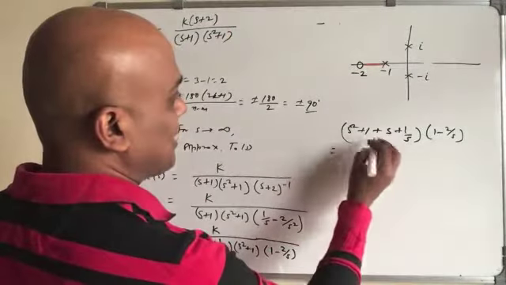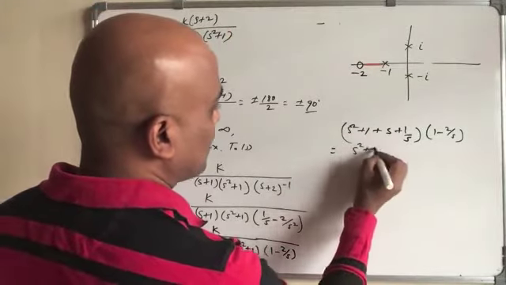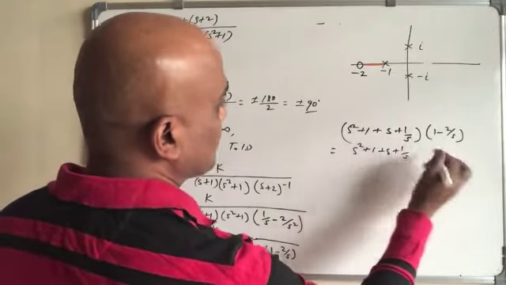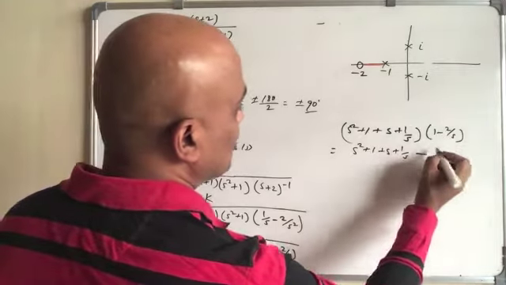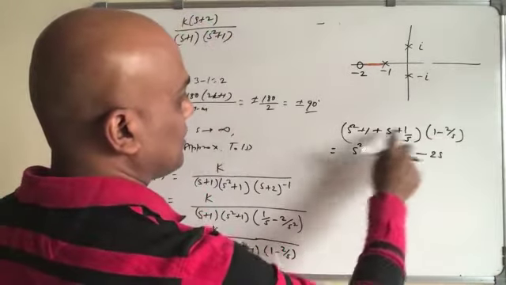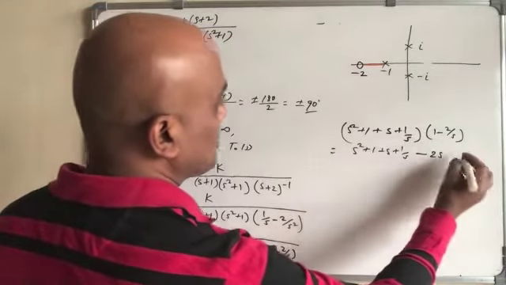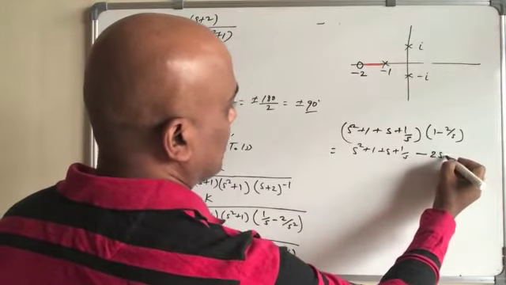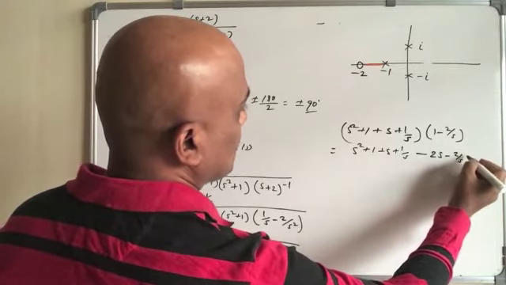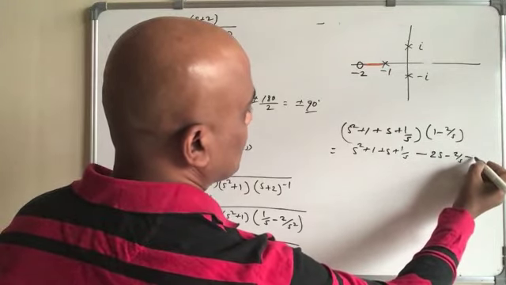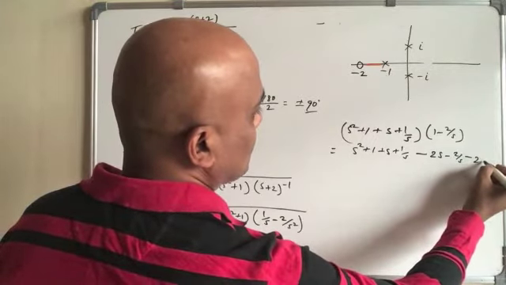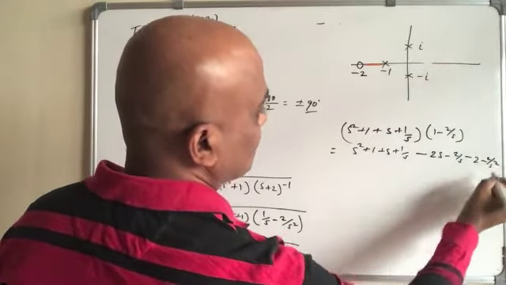So what we get is s square plus 1 plus s plus 1 over s, minus 2s, minus 2 over s, minus 2, and minus 2s square.